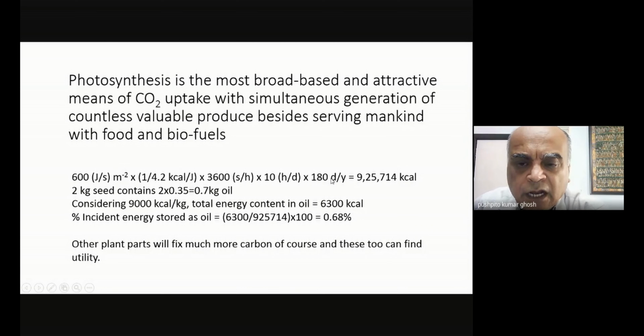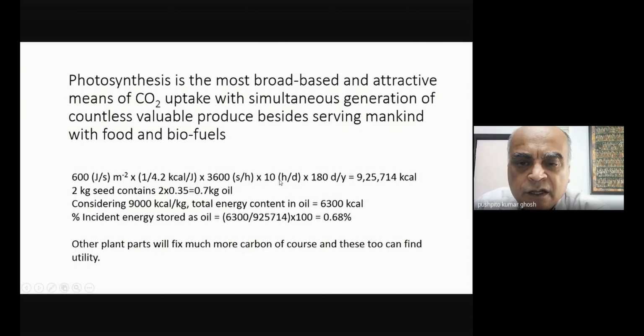So 600 joule per second for 10 hours, into 3600 seconds per hour, and divide by 4.2 joule per calorie.